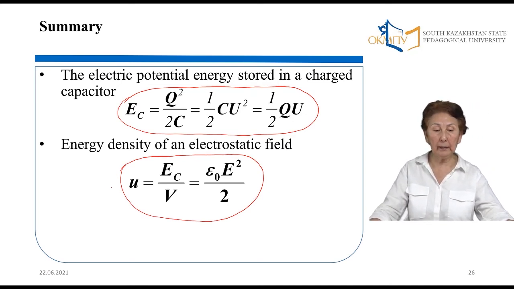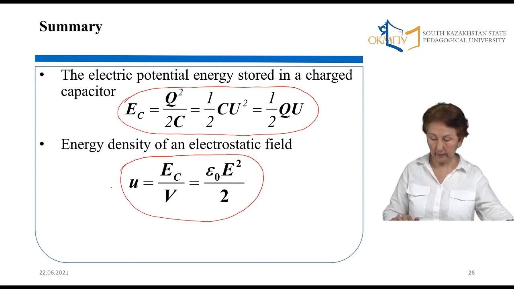And the energy density of an electrostatic field does not depend upon the configuration of the electric field. It depends only upon the magnitude of the electric field. The greater the electric field, the greater the energy density.